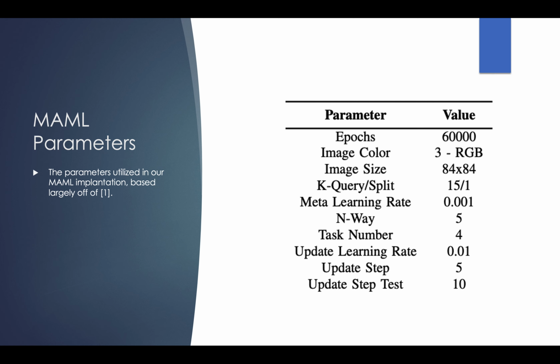And we used a k-query and k-split of 15 and 1 respectively. We had a meta-learning rate of 0.001, an n-way of 5, a task number of 4, and we had the learning rate update at 0.01. We had an update step of 5 and an update step test of 10. And all these parameters were largely based off of the original MAML paper.